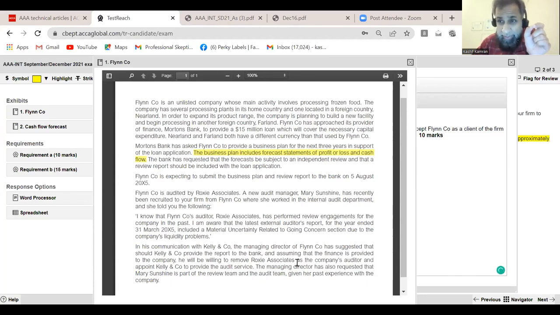Do you believe 3 years increases the subjectivity? Agree, disagree? Do you believe 3 years increases the subjectivity of a forecast? Do you all agree? Okay, that's great. So should I pick this point number 1?